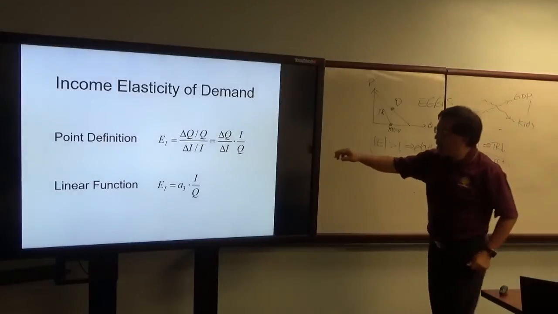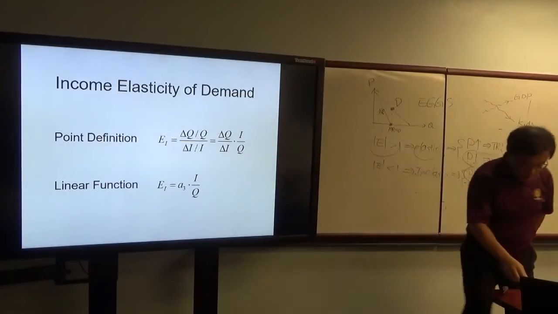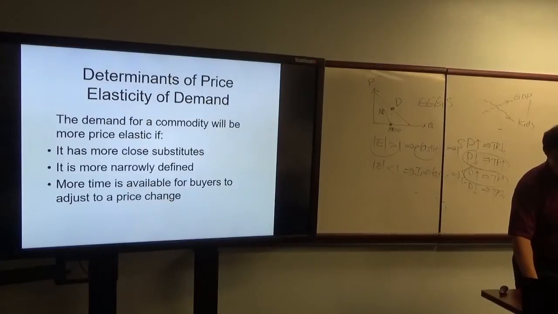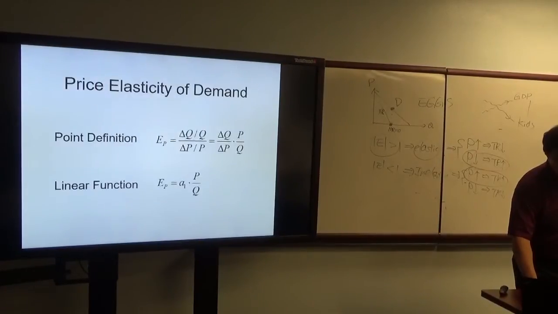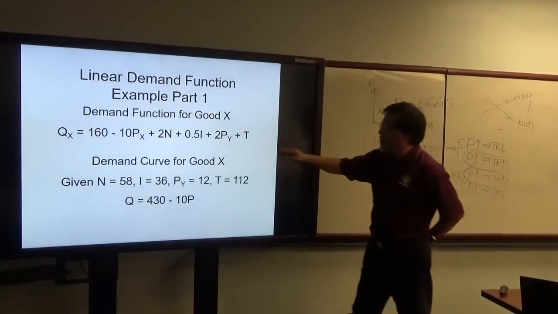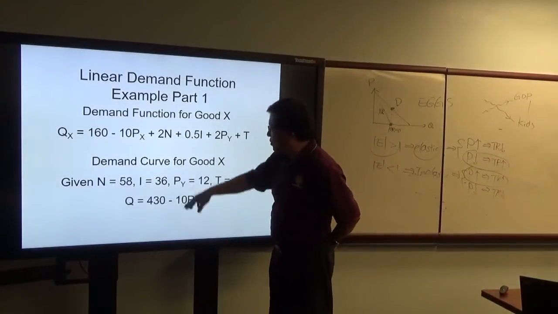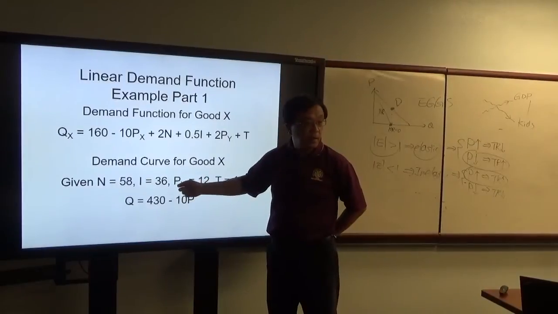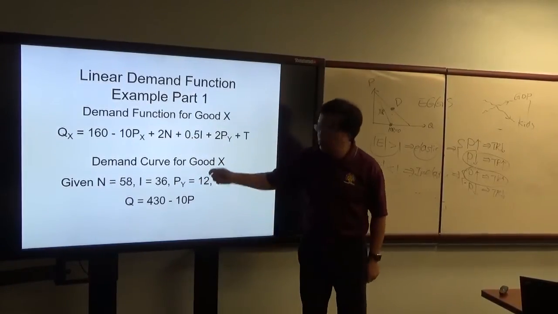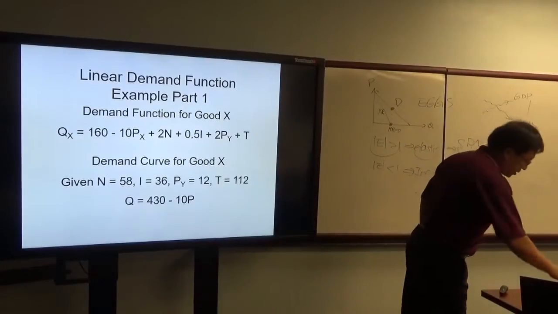So let's take a quick example of how to calculate the income elasticity. I will use the function here. If I give you all those numbers, can you find the income elasticity?